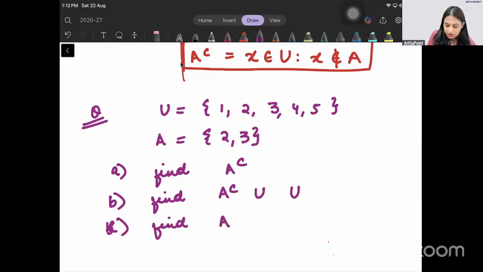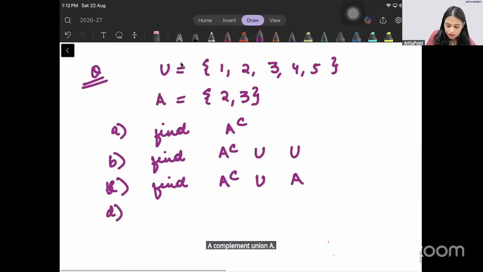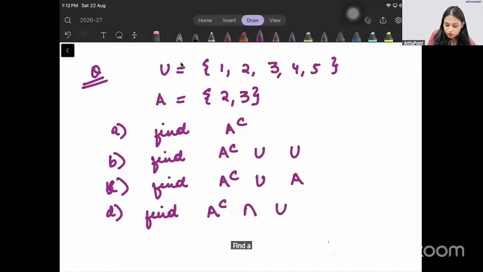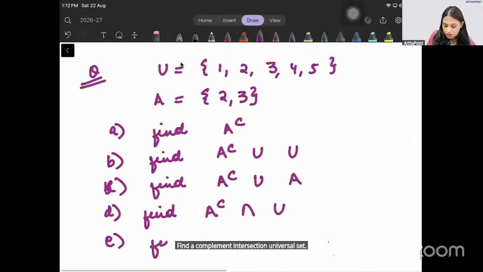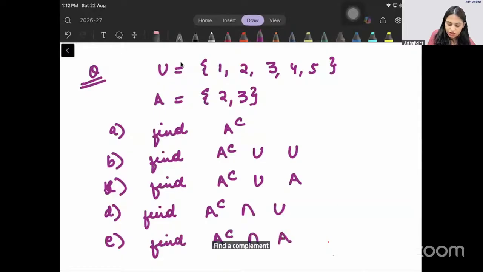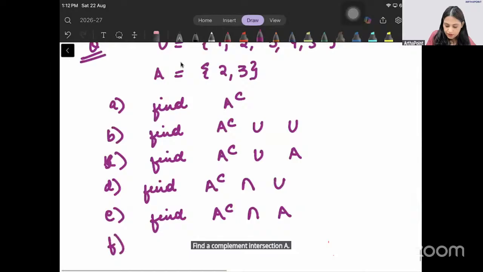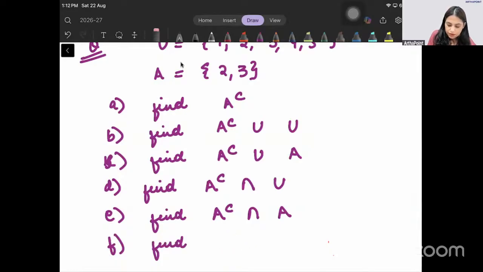Find A complement union A. Find A complement intersection universal set. Find A complement intersection A. Find universal minus A complement. Quickly do it.